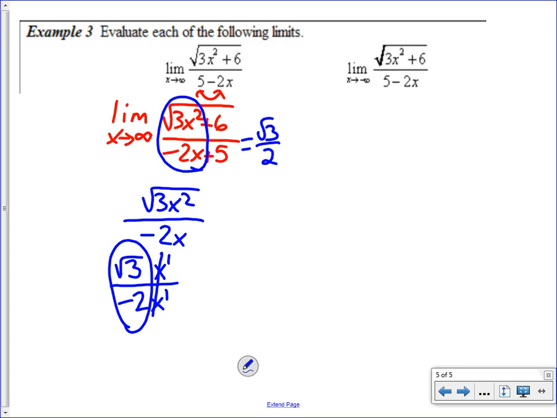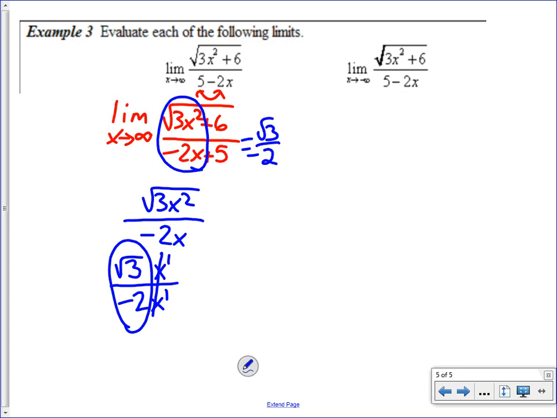Now, here is one other thing we have to consider. Since x is approaching infinity, when we evaluate that square root, I just forgot the -2. Sorry, there we go.